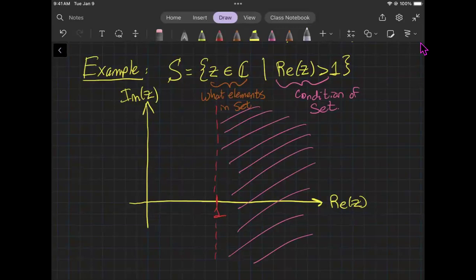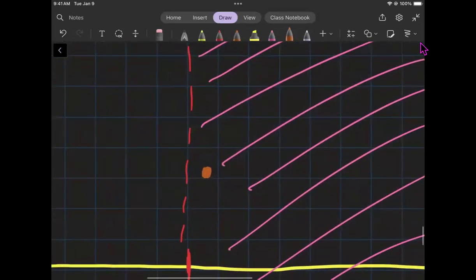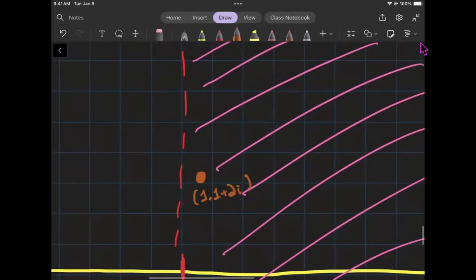Okay. So for example, if I were to pick a point that's super close to the boundary, let's say, in a different color, 1.1 plus 2i, right? Let's say this here.